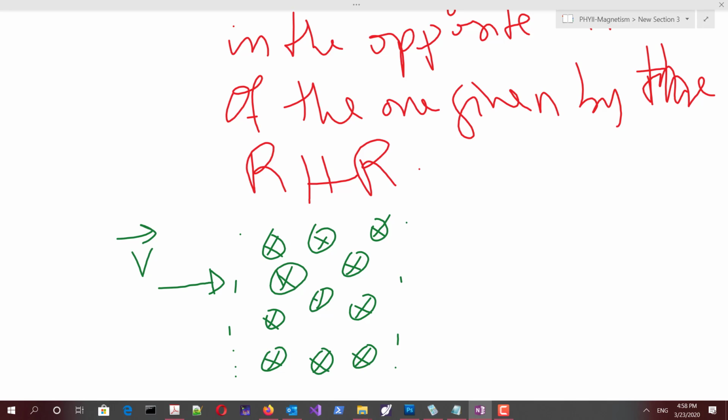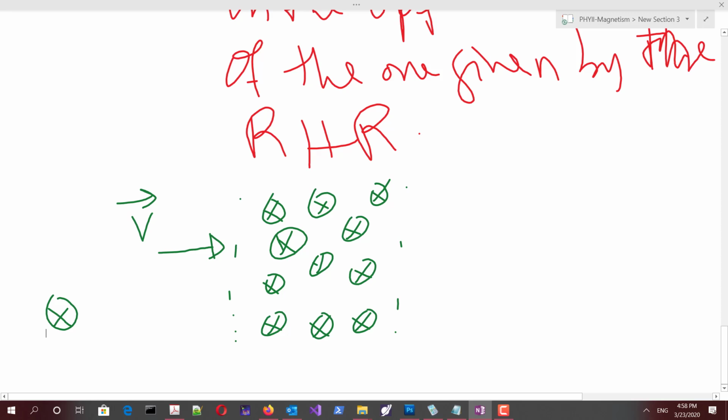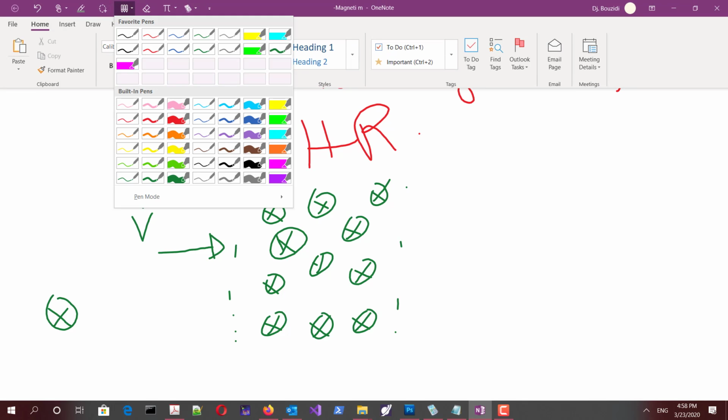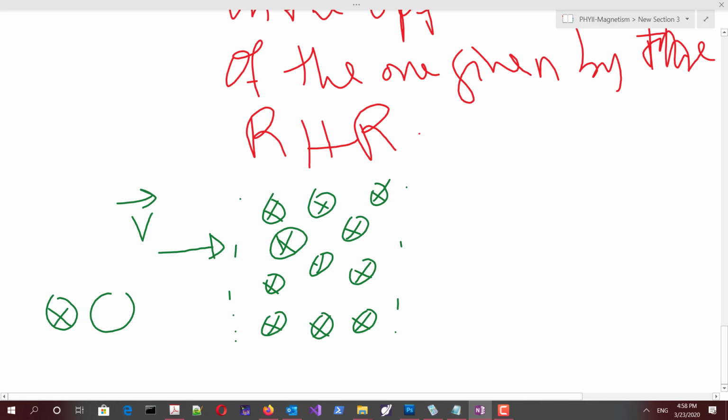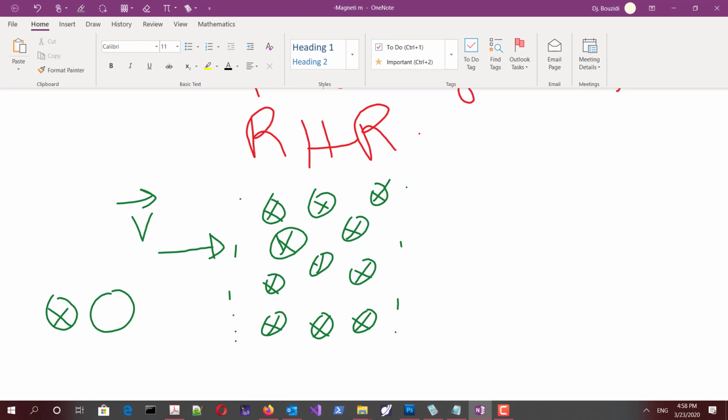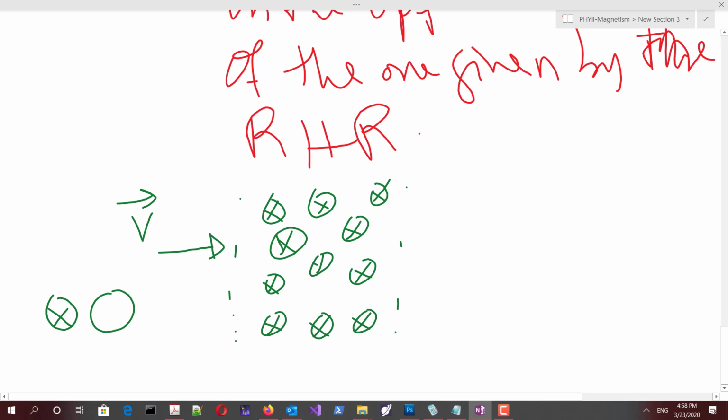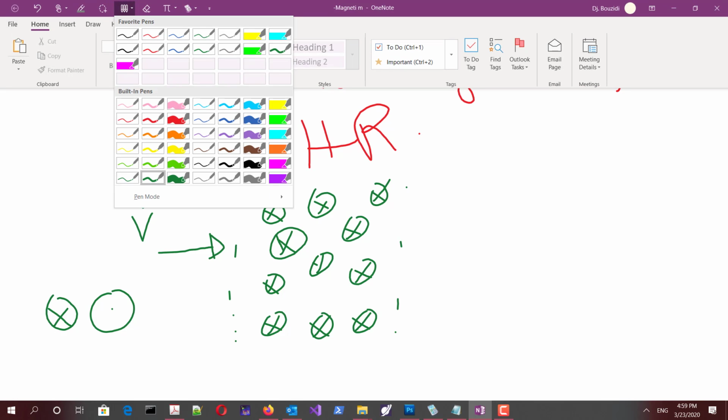When you see this symbol, that means the vector is pointing inside the screen. When you see a circle with a dot inside of it, that means the magnetic field is pointing out of the board.